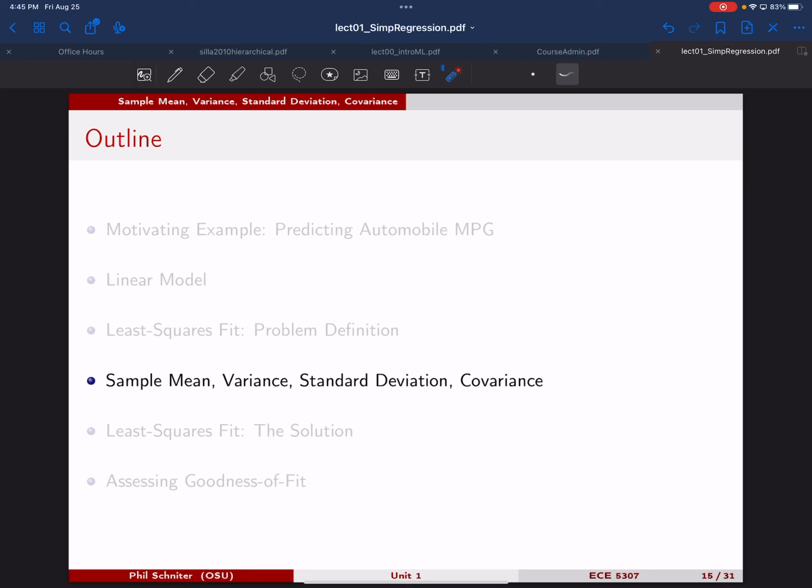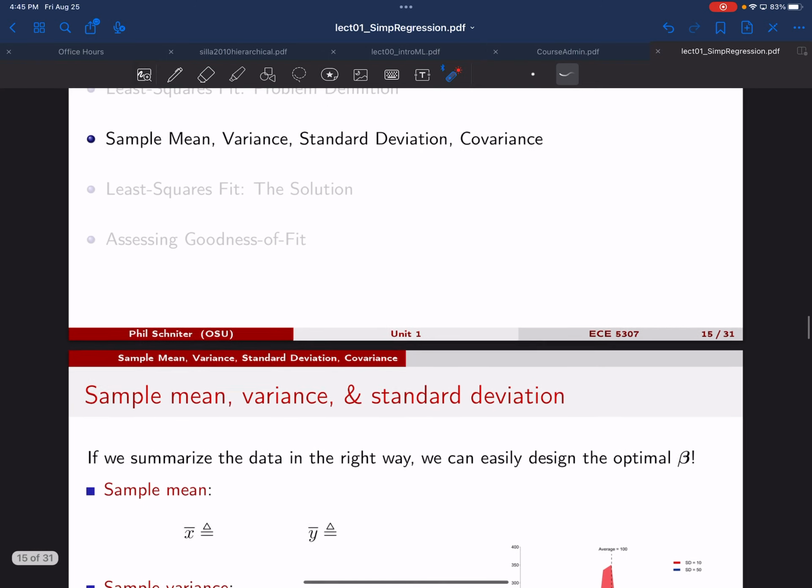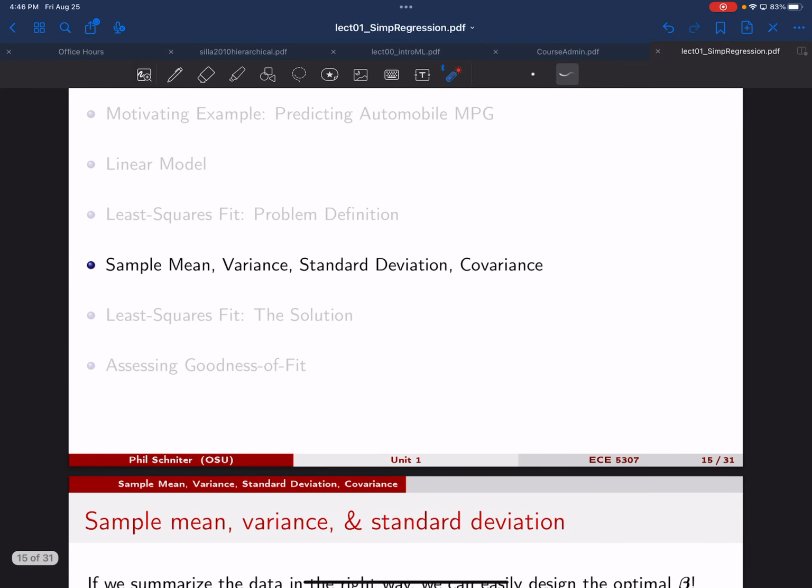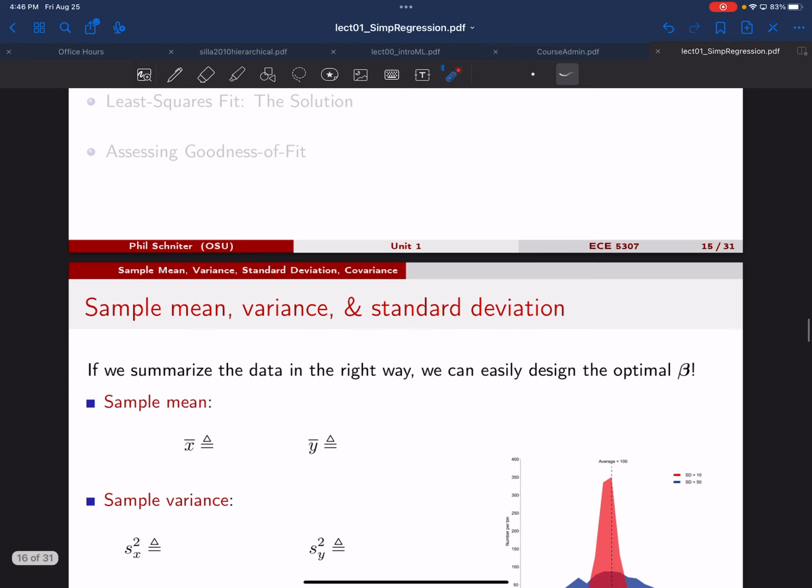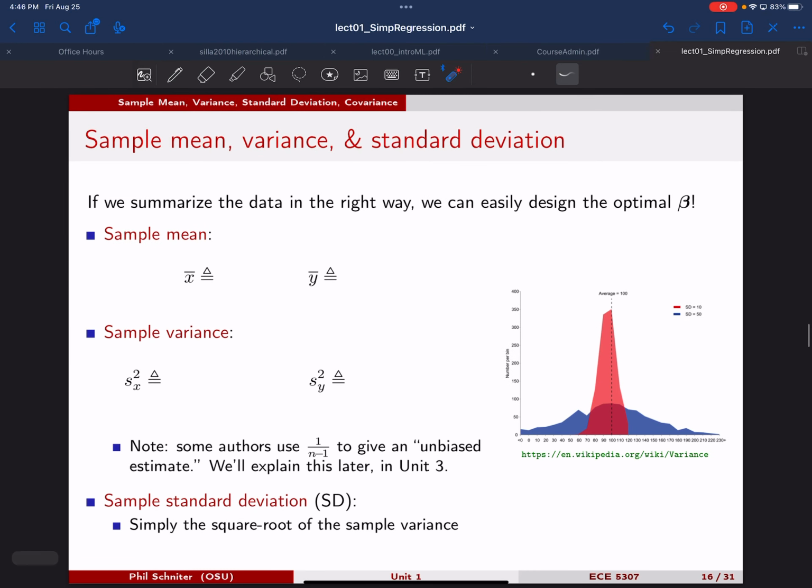And so we're going to get into some of the simplest ways you can summarize data, down to just a few numbers. And what we're going to find is that our beta 0 and beta 1, the optimal values, are just a function, a relatively simple function of those simple statistics. If we can compute those statistics, we just plug them into a couple equations, and we find the optimal betas. Okay, so let's talk about sample mean, sample variance, and standard deviation.